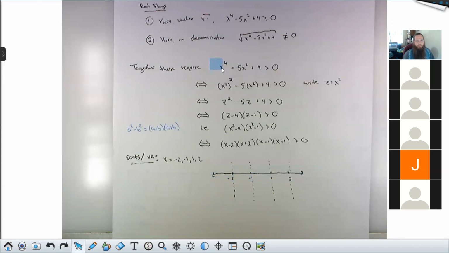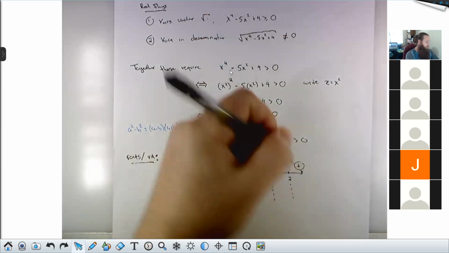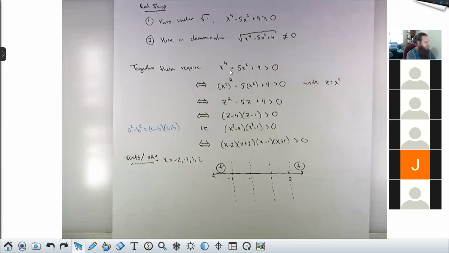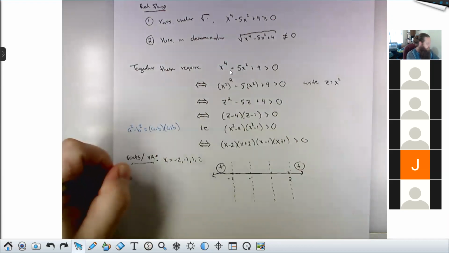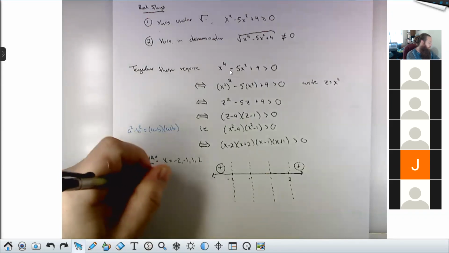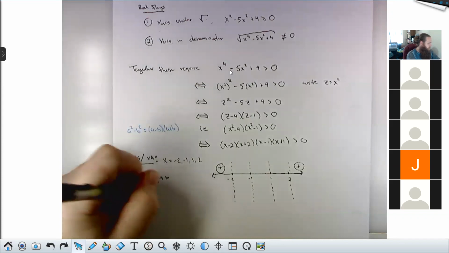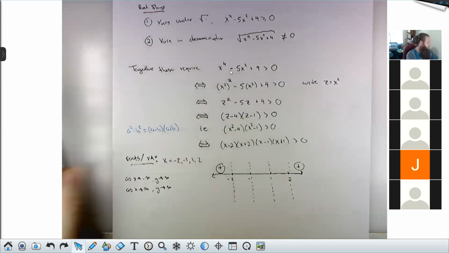Our lead coefficient is positive and our degree is even, so we know that both of the outermost ones are positive. That comes from the end behavior. As x goes to negative infinity, y goes to positive infinity, and as x goes to positive infinity, y goes to positive infinity.